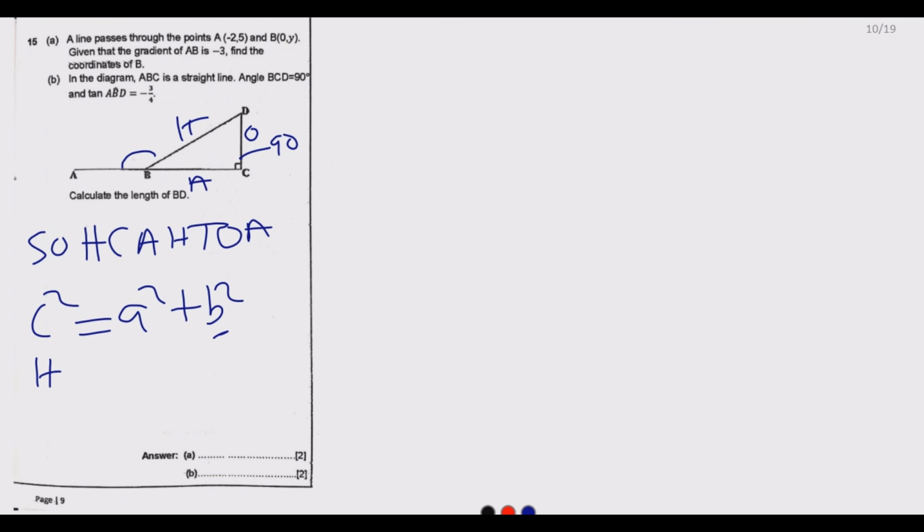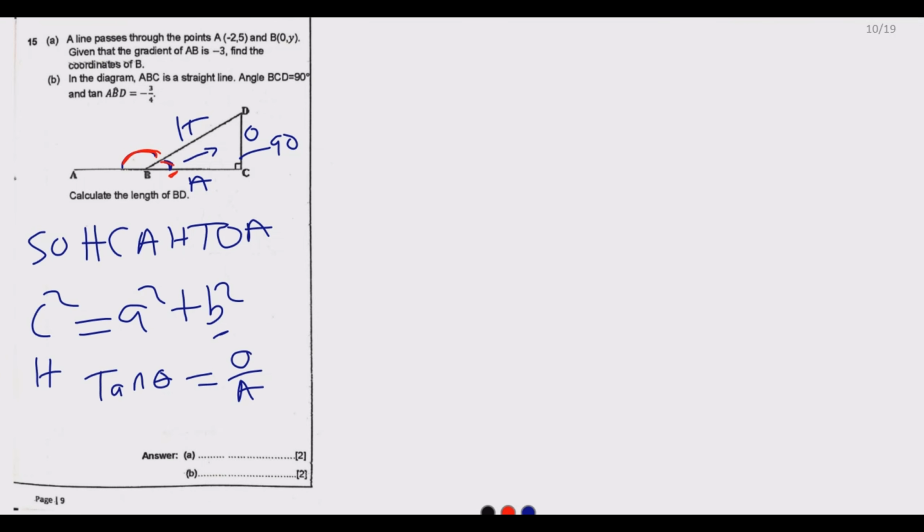With SOHCAHTOA, we know that tan theta equals opposite over adjacent. This tan is opposite to the 90 degrees, and the angle on the other side of the tan is the inverse of this angle.